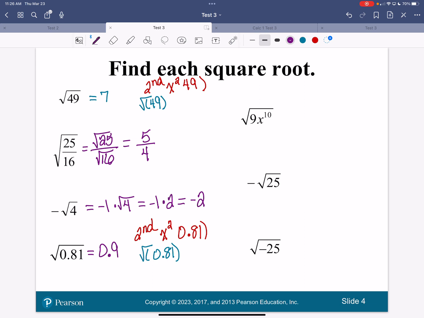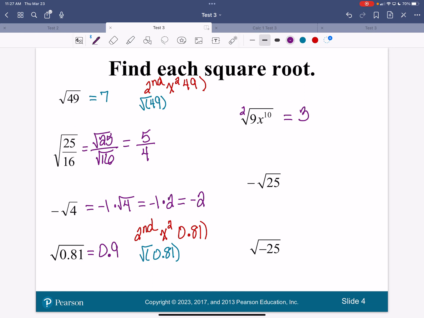Okay. Now for our next one, 9x to the 10th, we know the square root of 9. What's the square root of 9? 3. To find the square root of x to the 10th, I want you to realize that there is an assumed index right here that's a 2. Okay?